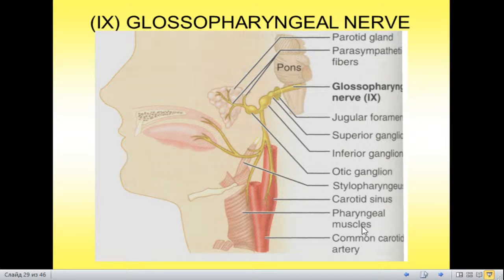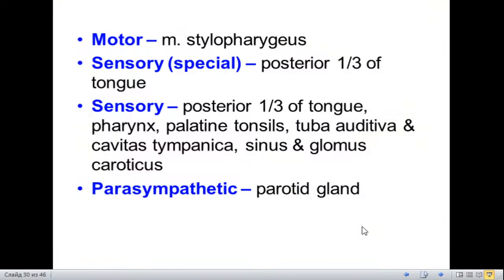Ninth cranial nerve, glossopharyngeal nerve. It is mixed nerve. It has three nuclei, motor, sensory and parasympathetic, and this nerve provides following innervation. Motor fibers supply to stylopharyngeus muscle. Sensory fibers, it has two types, special and general.